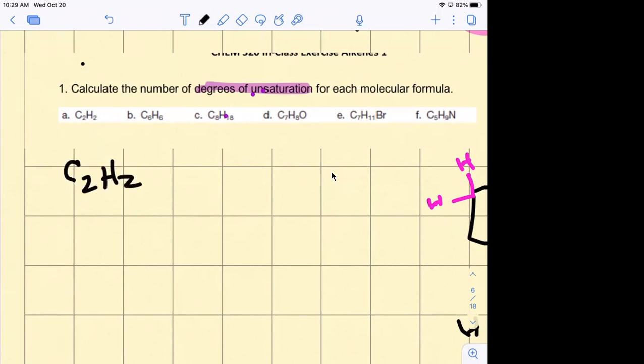We're going to compare that to CnH2n+2, so we're going to put the number in.